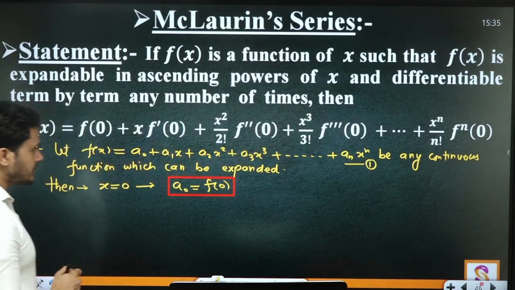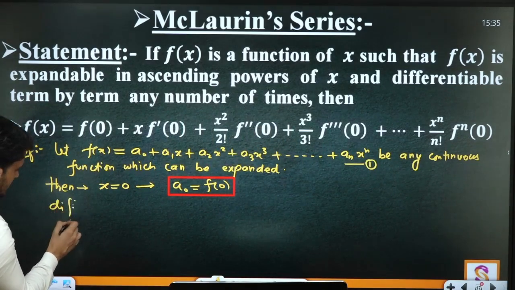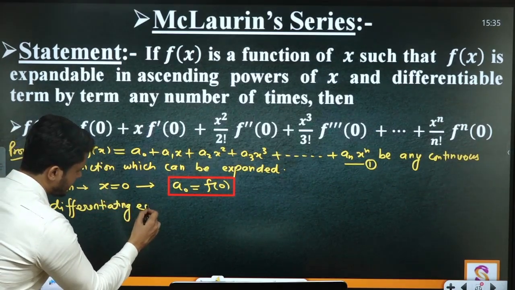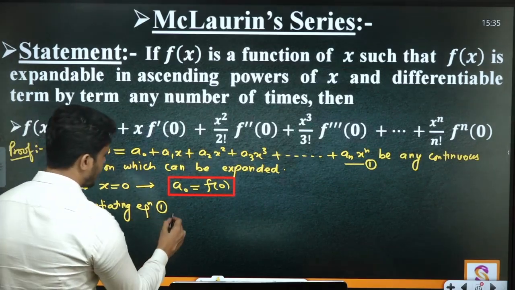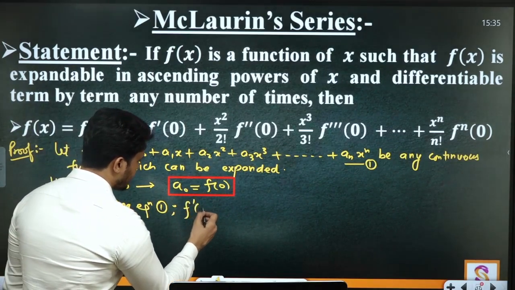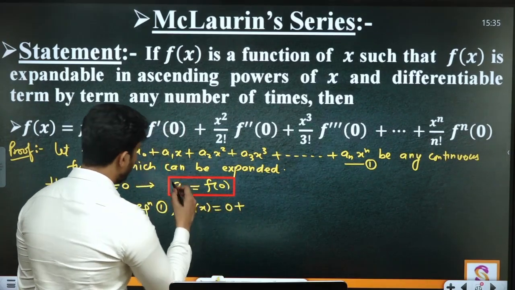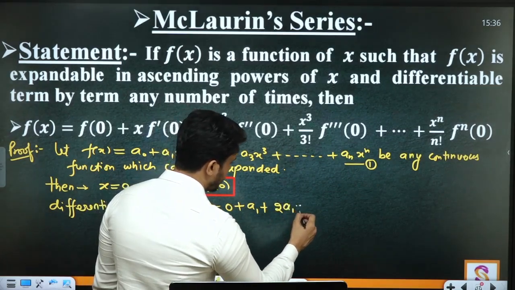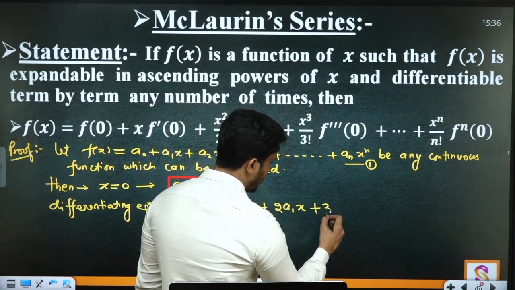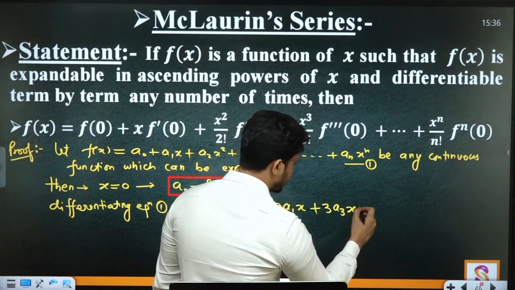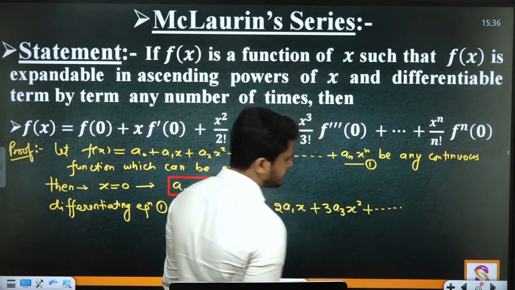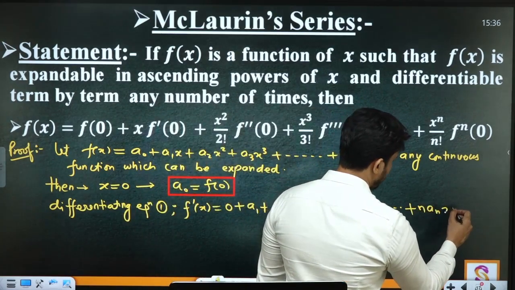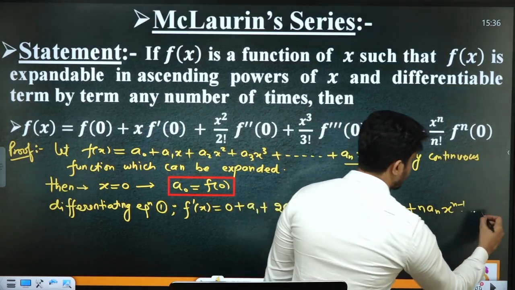Now differentiating equation 1, क्या मिलेगा आपको? f'(x) is equal to a1 plus 2 a2 x plus 3 a3 x square and so on, ठीक है, आगे भी लिख सकते हैं, n an x to the power n minus 1. Name it as equation 2.